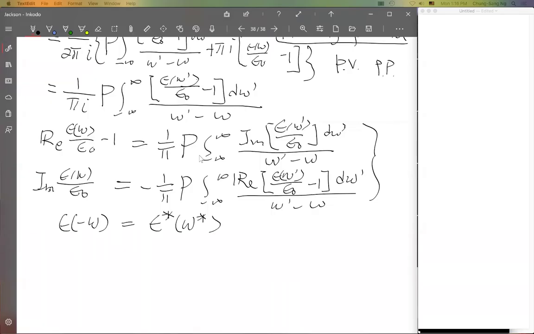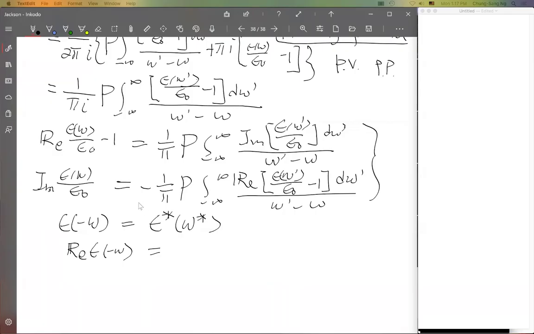Okay. Now, this is valid for any complex omega, but if you choose omega as real, and you take the real part of epsilon minus omega for real omega, because you are taking the real part of both sides, when you take the complex conjugate of a function and you just take the real part, it doesn't change because it's just the same.